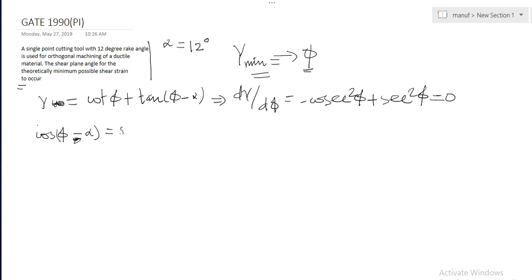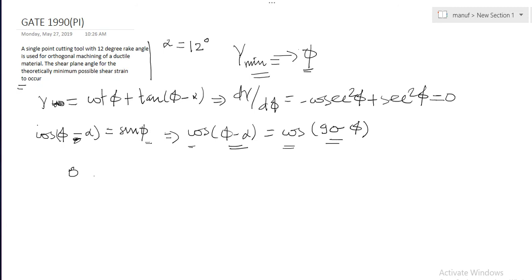Now this sin phi can also be written as cos 90 minus phi, so cos phi minus alpha equal to cos 90 minus phi. So we can equate these two angles because both sides have cos. So I can say phi minus alpha equal to 90 minus phi. So that implies phi equal to 90 plus alpha by 2.